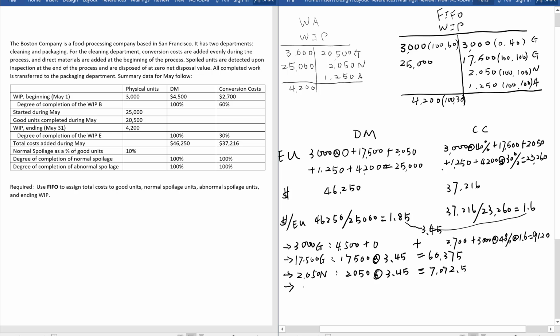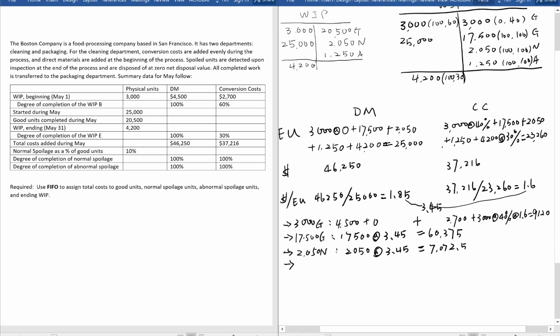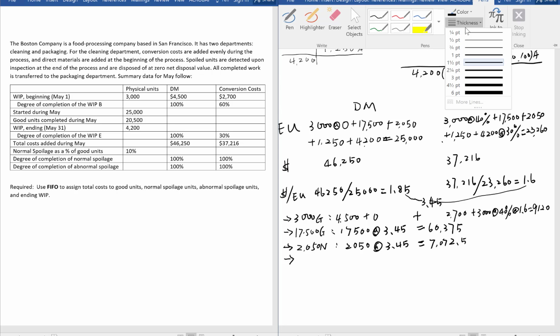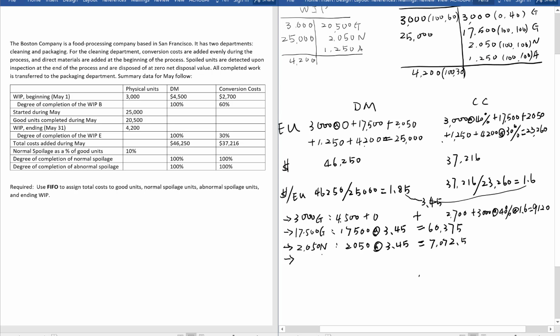Costs assigned to abnormal spoilage units 1,250 are 1,250 times 3.45, equal to 4,312.5.